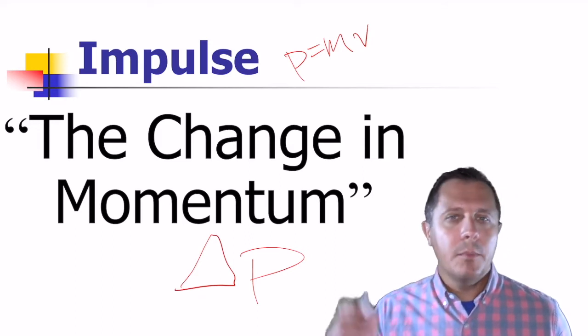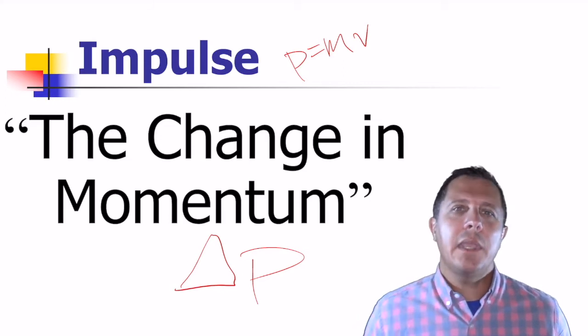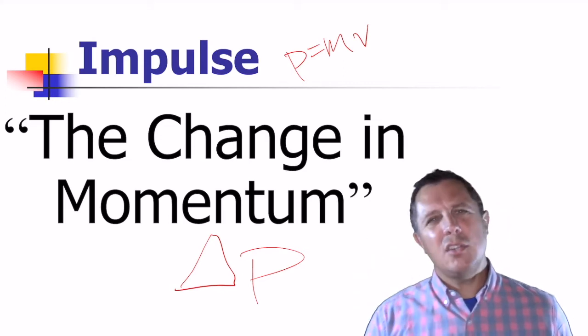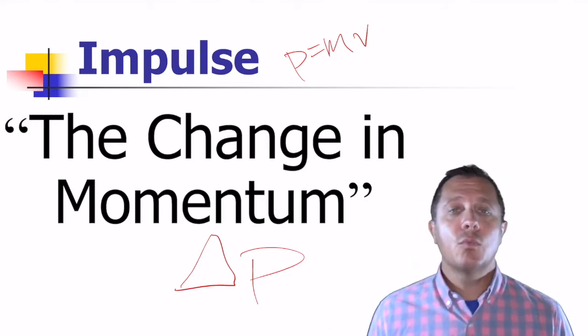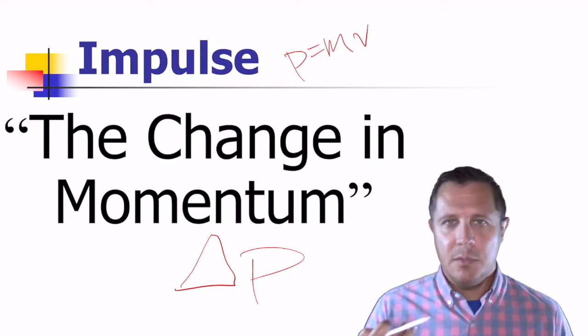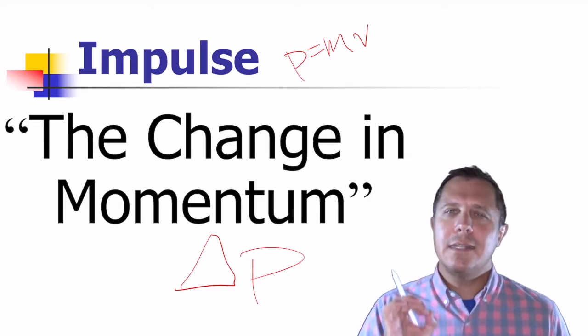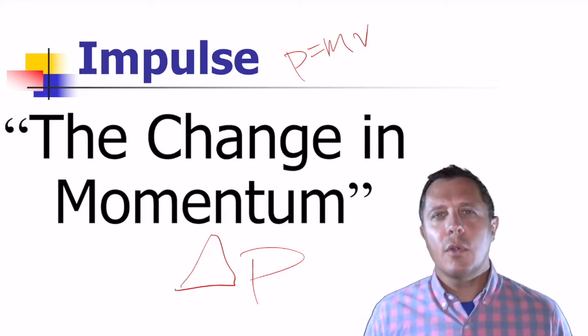So the delta before the P will mean the change in momentum. We actually don't give it a new letter. We're not going to use the letter I for impulse. It's still momentum, it's just the change in momentum. So we will use delta P for impulse.